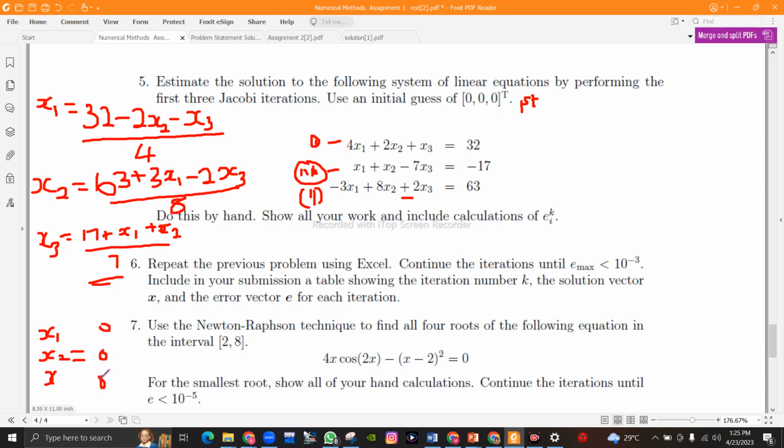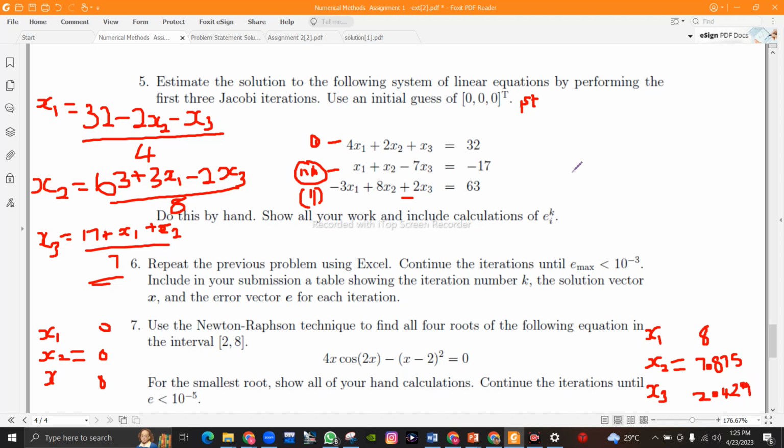Then don't forget that we got the new values of x1, x2, and x3. These are the new values: 8, 7.875, and 2.429. So with that, we can calculate our error.